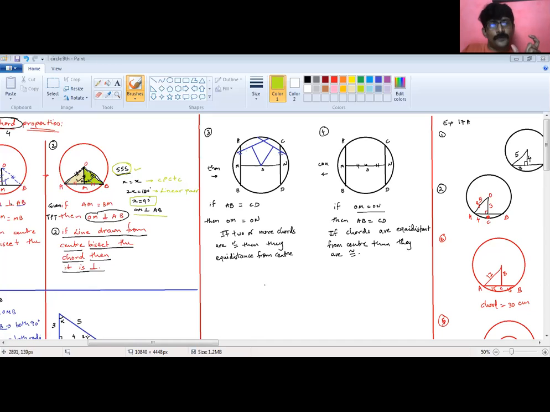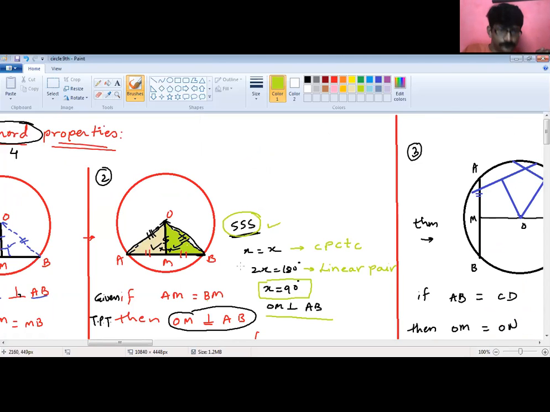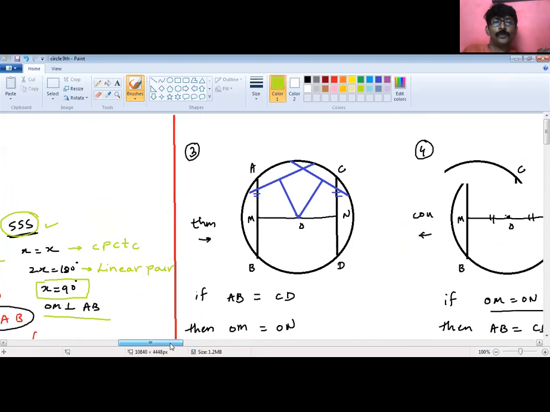In a circle or else in two congruent circles, two or more chords, if they are congruent, then they are equidistant from the center of the circle. I hope you understood the property. It's a very simple property. I'll just zoom in so that you can understand it better.